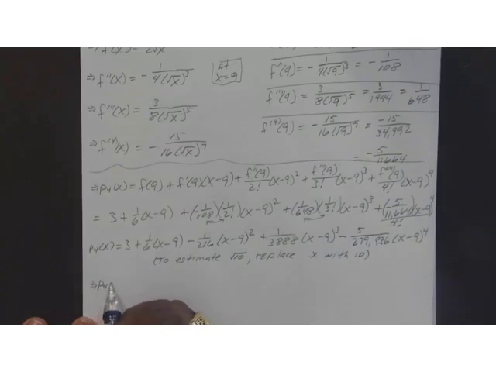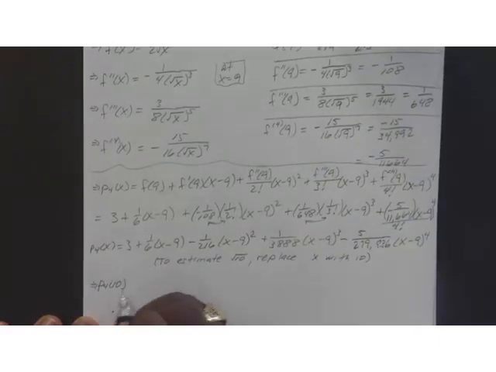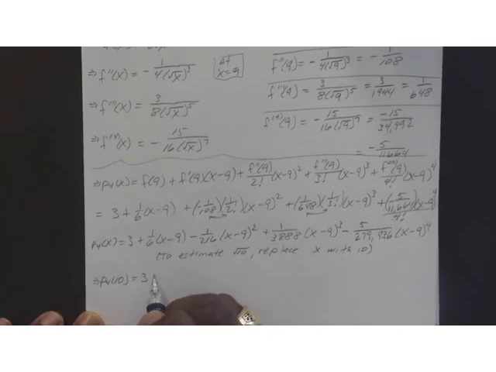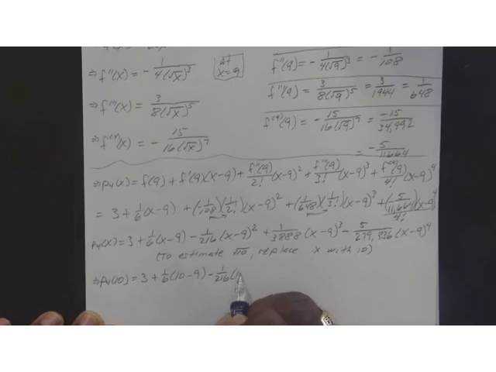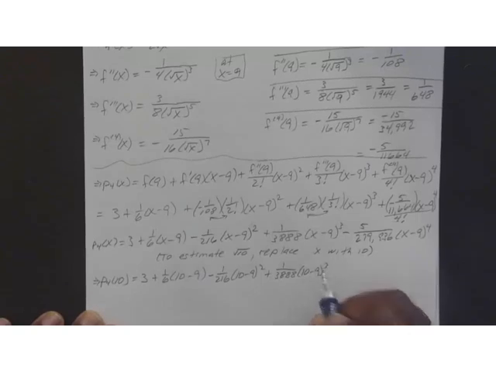Okay, so we know that p sub 4, our fourth Taylor polynomial, at 9, at 10, is equal to 3 plus 1 over 6 times 10 minus 9 minus 1 over 216 times 10 minus 9 squared plus 1 divided by 3,888 times 10 minus 9 to the third power.